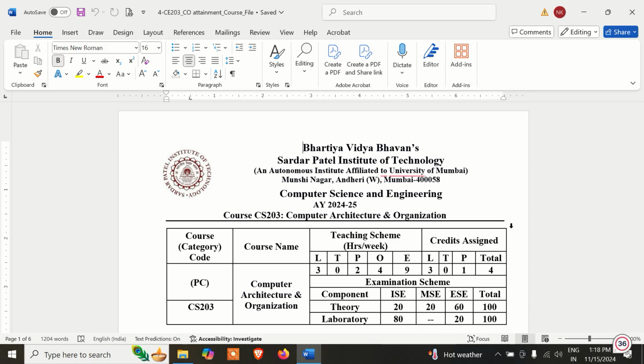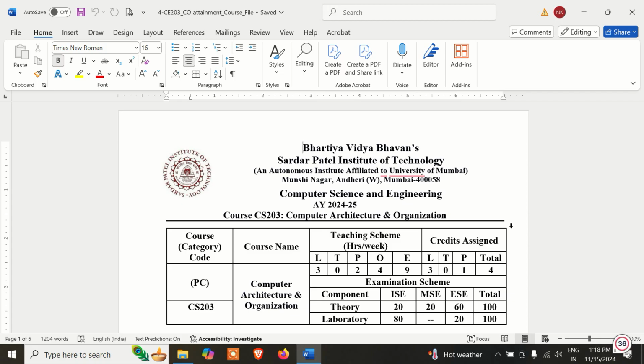However, while implementing outcome-based education, it's always a top-down approach, starting with the institute vision, mission, then various programs' vision, mission, and then program educational objectives, program specific outcomes. Then the scheme and syllabus is designed.